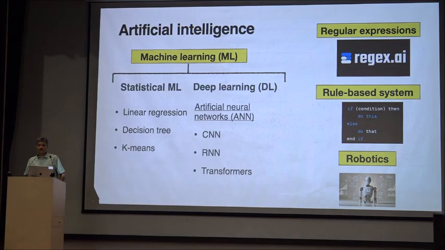When we talk of artificial intelligence, machine learning is a subset of AI. And among machine learning, we have two divisions. One is statistical machine learning, which has linear regression, decision tree, k-means. Basically, statistical machine learning helps you to classify.